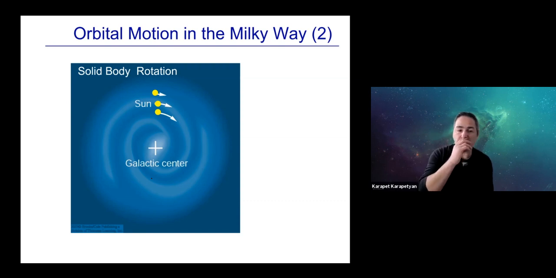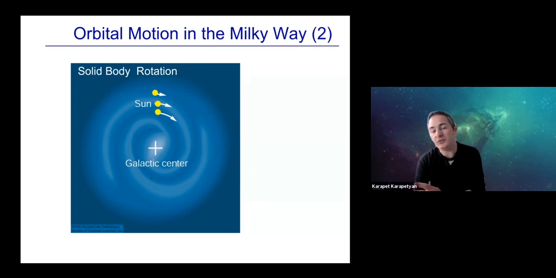We talked about Kepler laws, and about how the motion of the planets in our solar system follows this Keplerian motion, where Mercury is moving very fast compared to, let's say, Pluto. So the idea is that this should also be the same for our Milky Way galaxy. This is the model of solid body rotation.